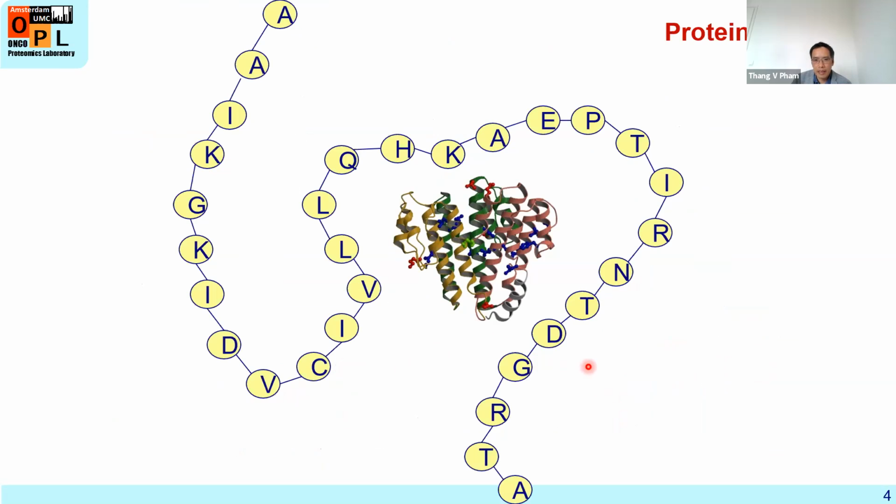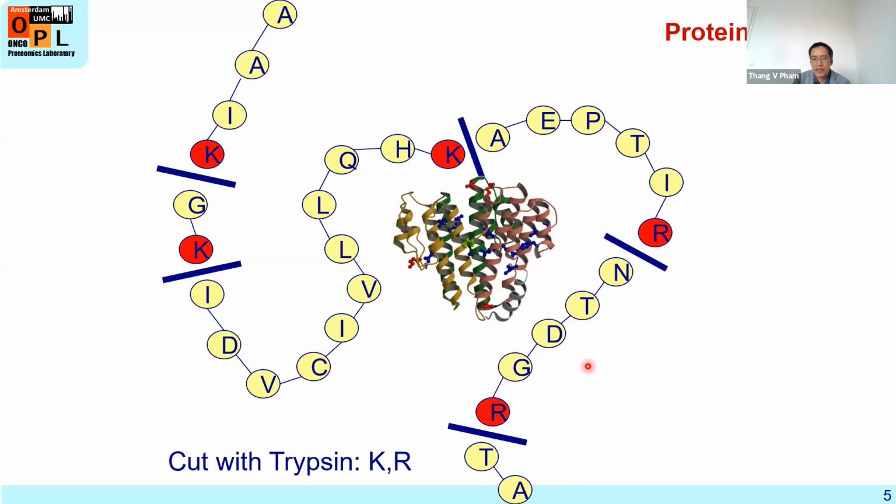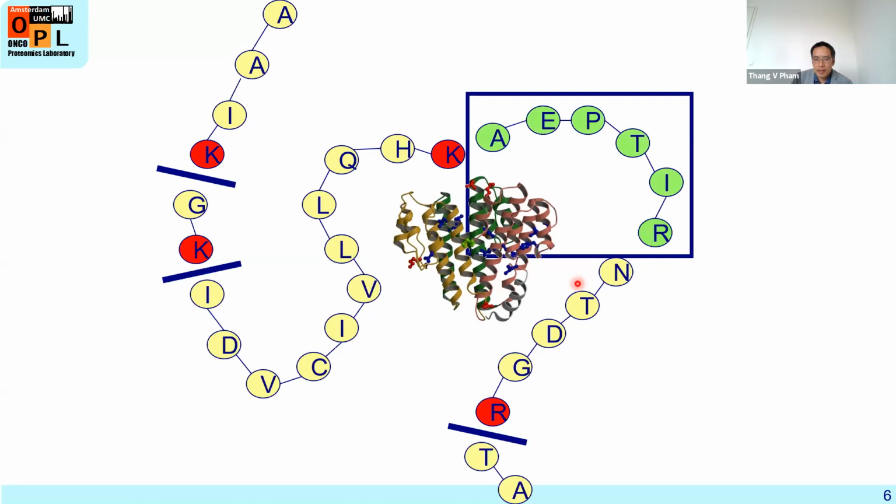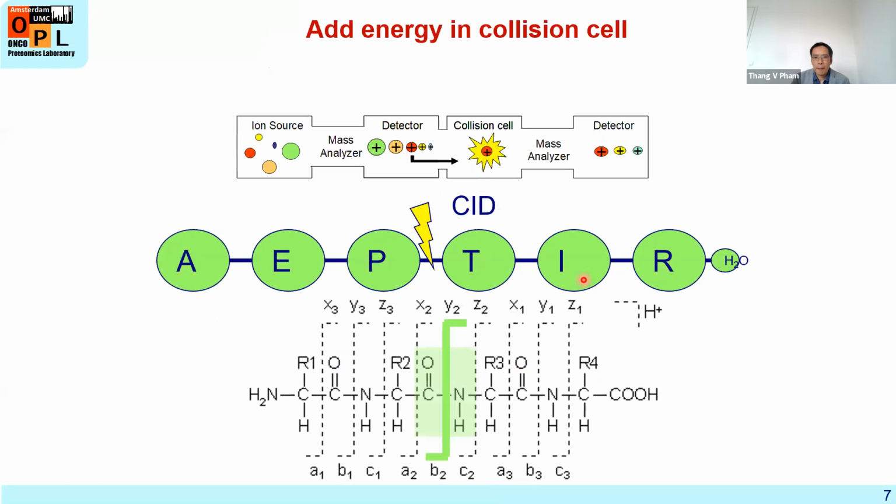So the protein is a chain of amino acid sequence, and they are typically quite big for mass spectrometry. So the first step people do is to cut it into smaller pieces, typically using trypsin that cuts at the K and the R, and these peptides will go through the mass spectrometer, and some will fly and some will not. But the ones that are flying in the mass spec will be broken down into smaller pieces.